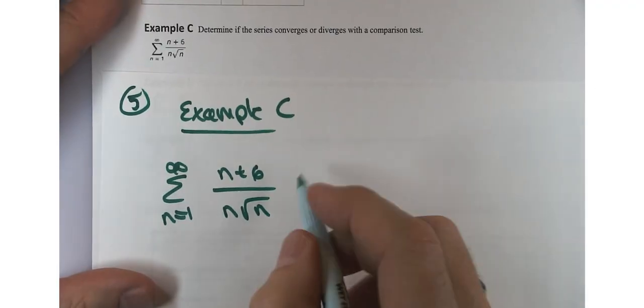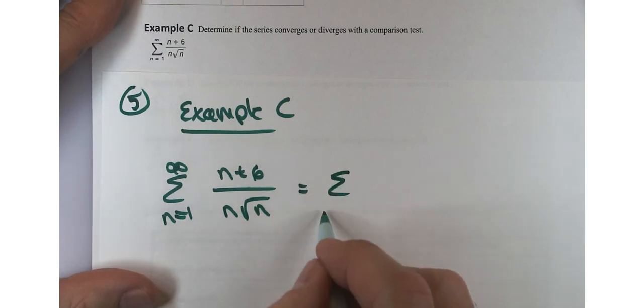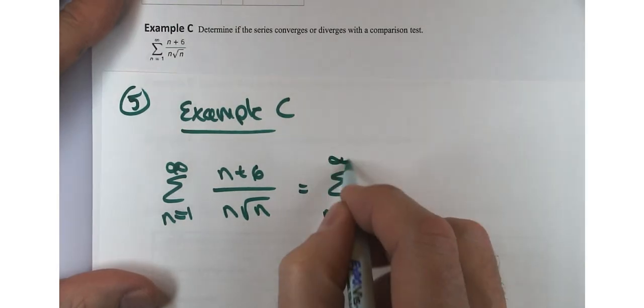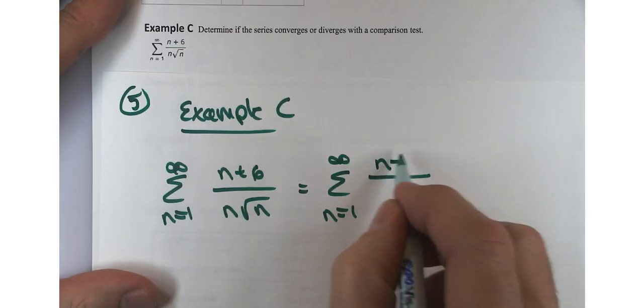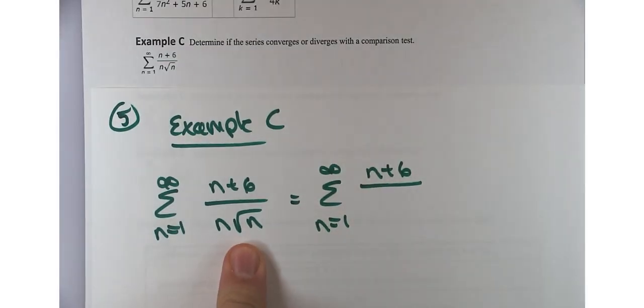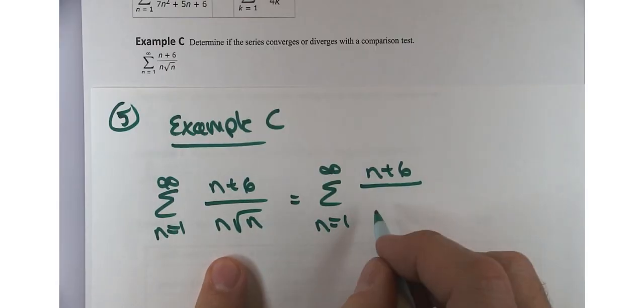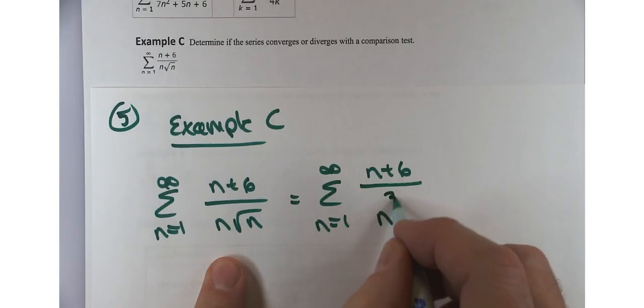Okay. I'm going to rewrite the denominator. Still have the n plus 6 here in the numerator. But let's think about what's going on in the denominator. Square root of n could be rewritten as n to what power? 1/2. 1 plus 1/2 is going to give me a total of n to the 3/2 power here.